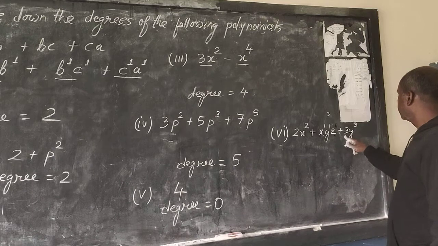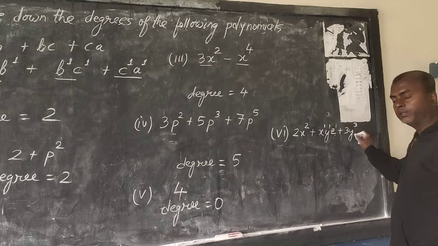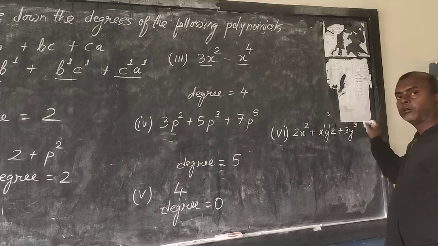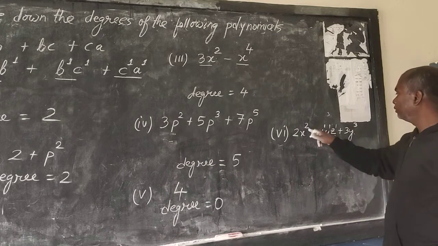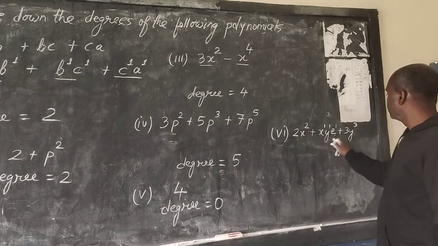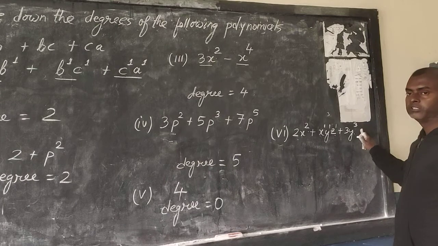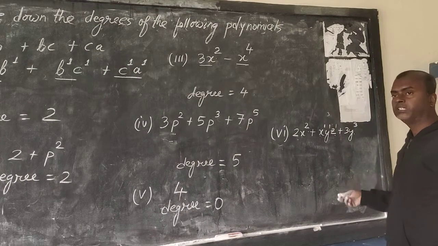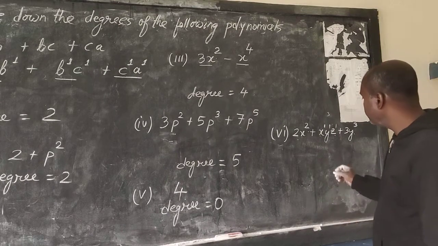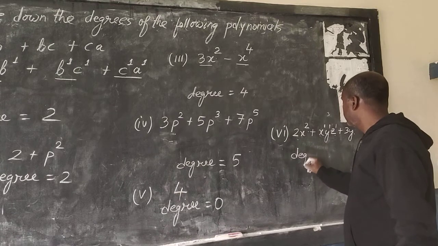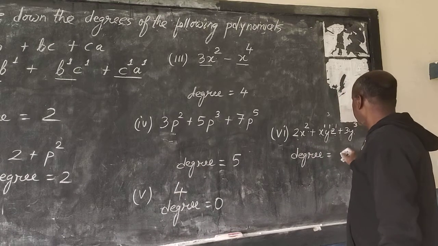And here, this term has only one variable, y, and its power itself is 3. So the power in this term is 2, in this term 3, in this term 3. So out of 2, 3 and 3, of course the highest power is 3. So the degree of this particular polynomial is 3.